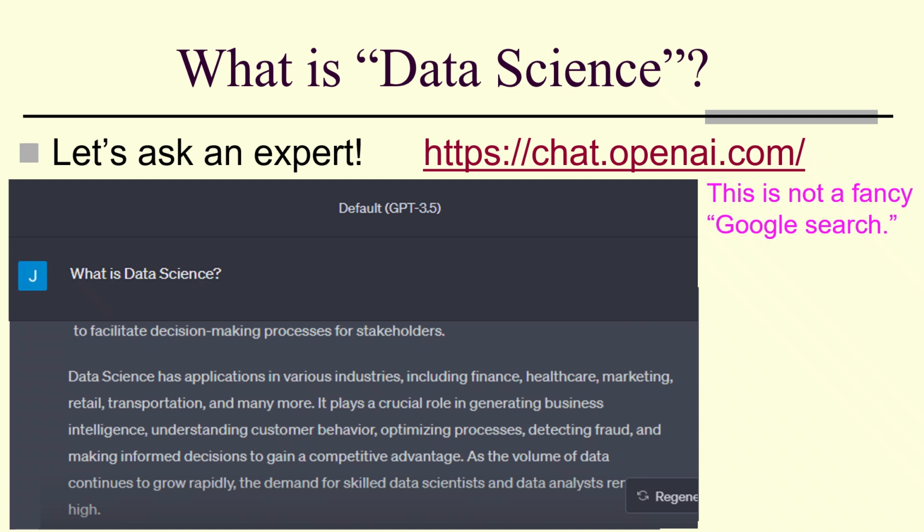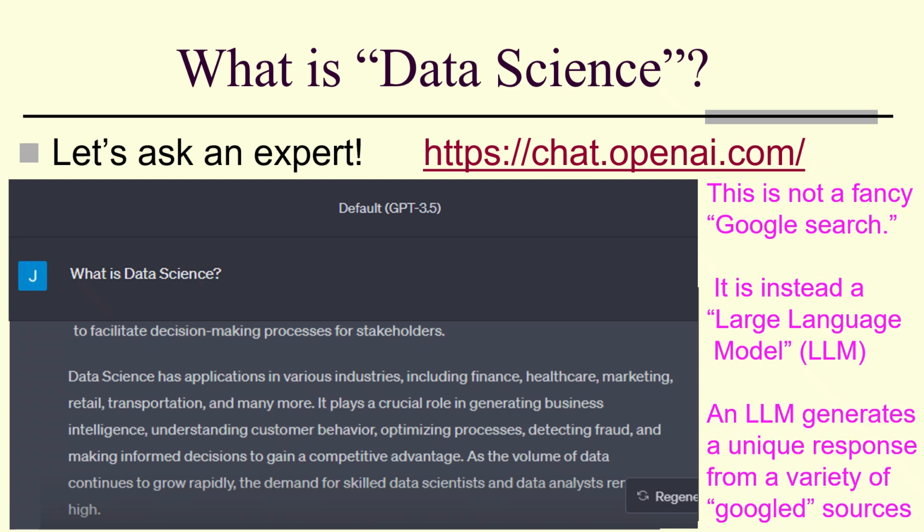This is not a fancy Google search. This is what's known as a large language model.